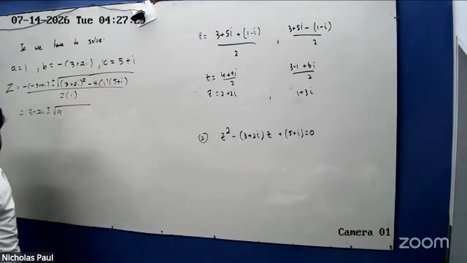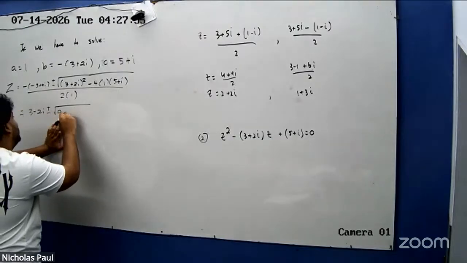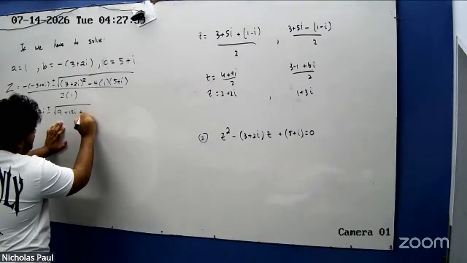So the next one is 9 plus 12i, y squared, minus 4.